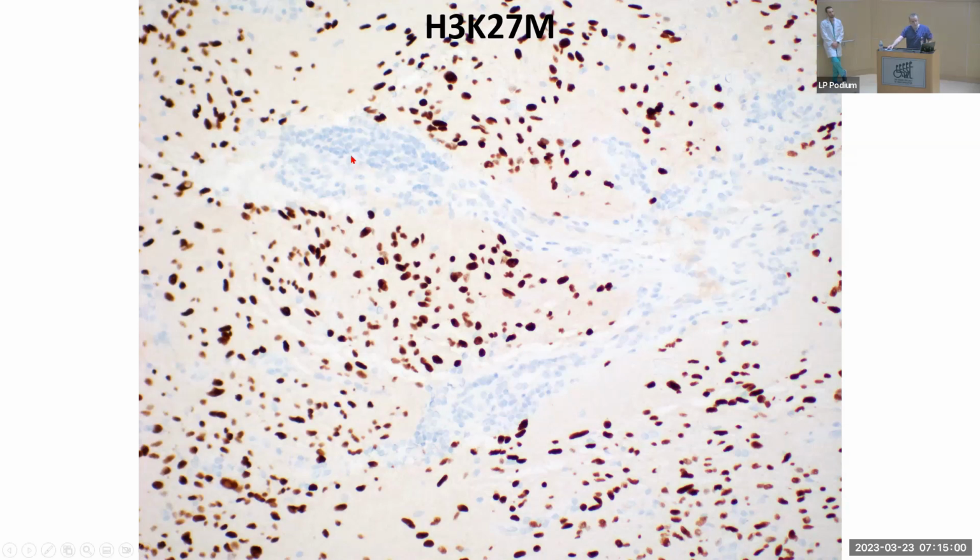Here you can see a very nice negative internal control, which are the endothelial cells and some lymphocytic infiltrate, but the tumor cells are positive. That's a defining feature of diffuse midline glioma. Although by histology it is low grade, since it harbors the H3K27M mutation, it is WHO grade 4 because it behaves like a glioblastoma.